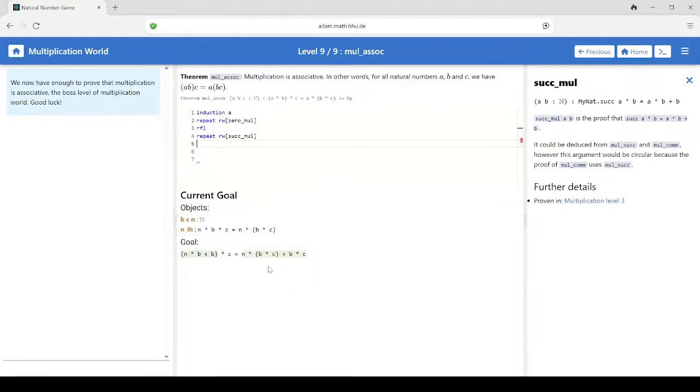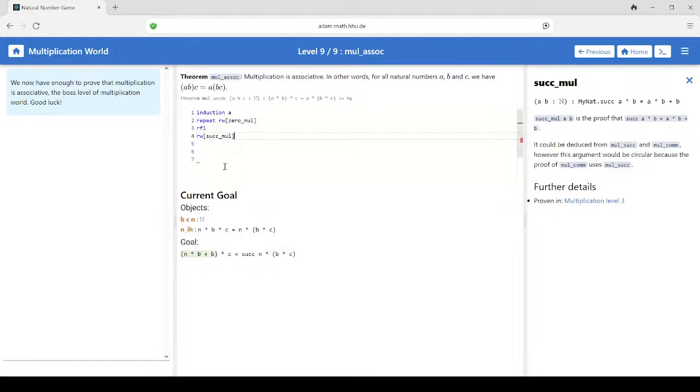Okay, n times b plus b. Okay, hang on. Let me do this one at a time instead of repeating them all at once so I can actually see what's going on.